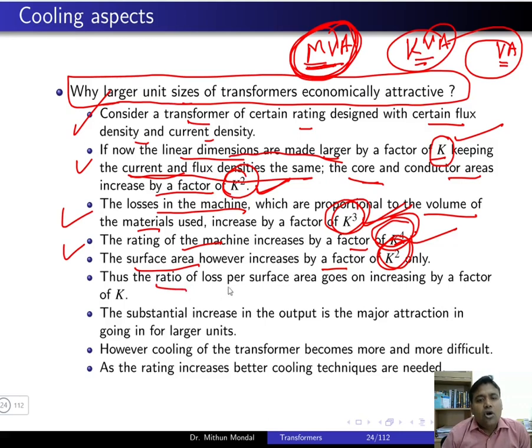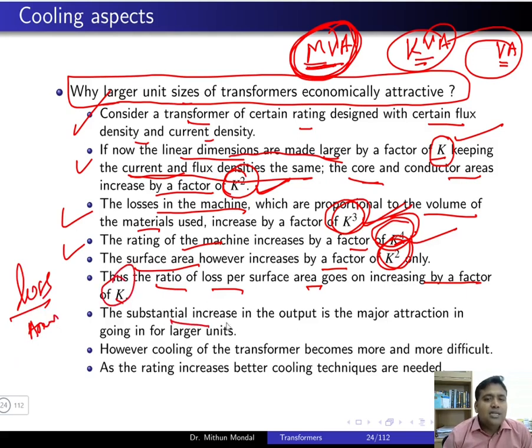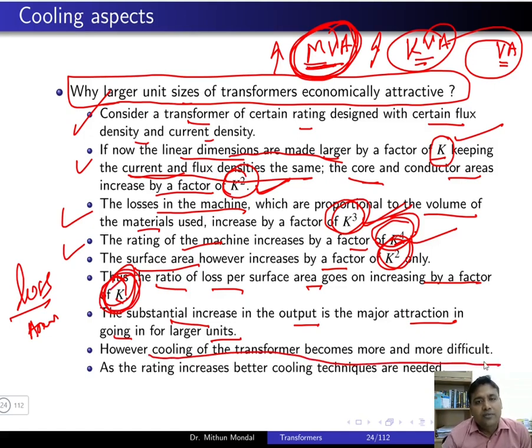Thus the ratio of loss per surface area goes on increasing by a factor of K. The substantial increase in the output is the major attraction in going for larger units. However, one limitation is that cooling of the transformer becomes more and more difficult.